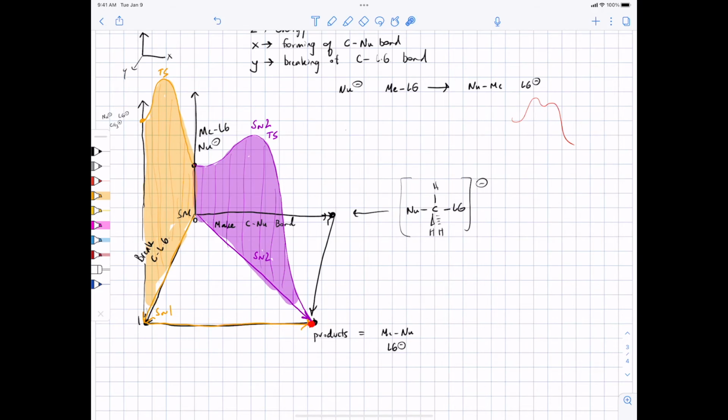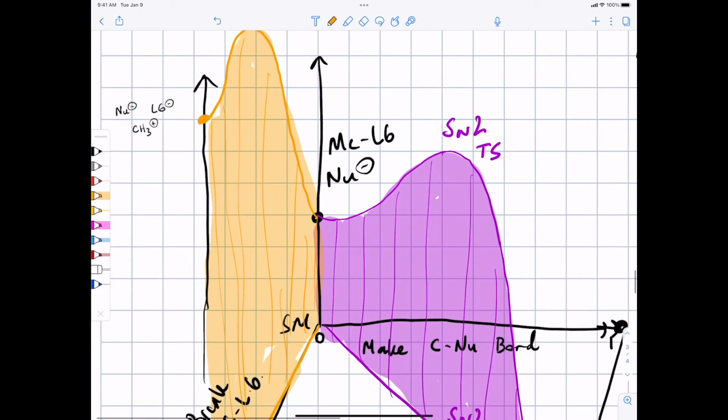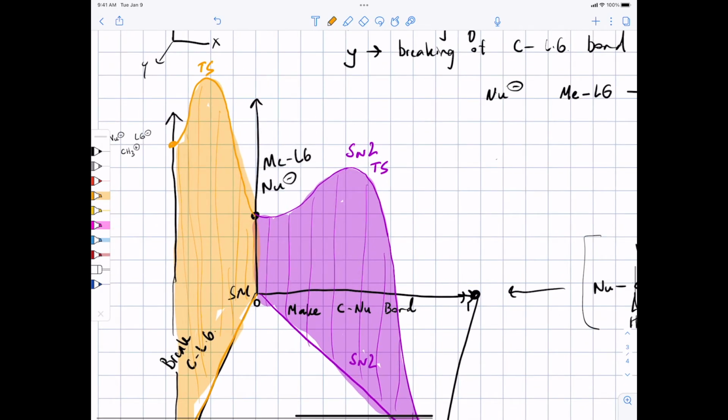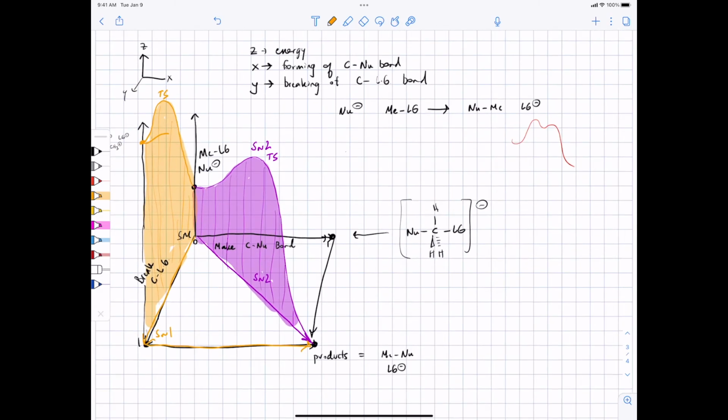the new carbon nucleophile bond as the nucleophile attacks the carbocation. That's going to involve going up from this minimum here through another transition state, but it's not very much higher in energy, and then down, and I don't know exactly where along this pathway the transition state would be, but going down to products.